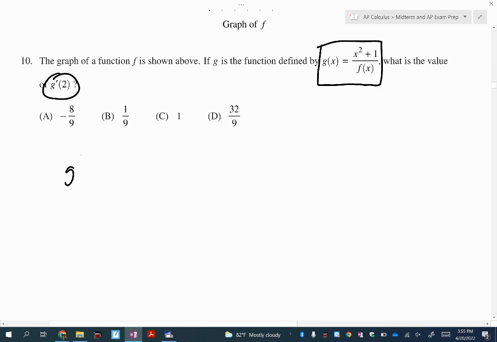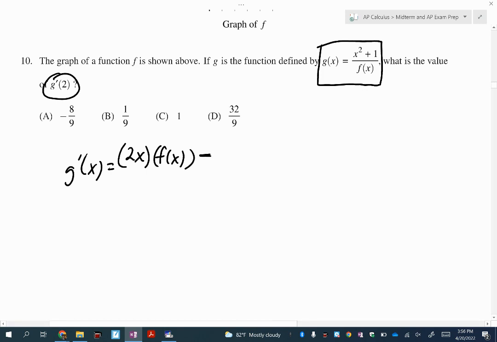The first one. Okay, the derivative of the first one. Can you do it for me? What's the derivative of the numerator, x squared plus 1? The derivative times the original denominator. There we go.